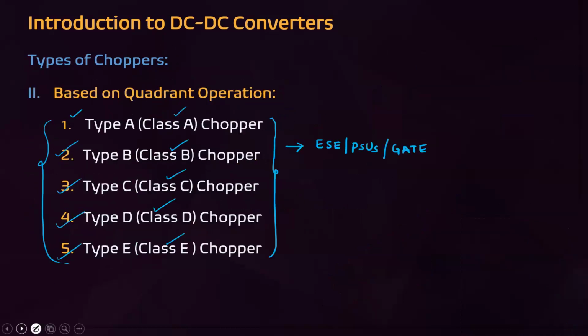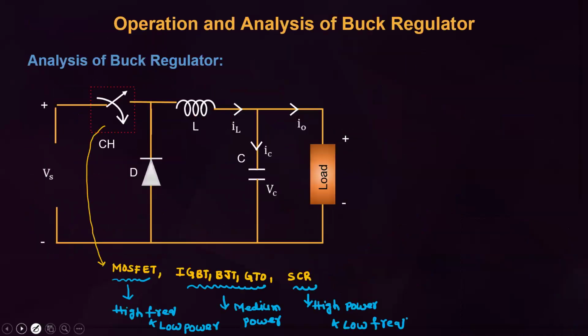Okay. Here, the switch may be any device. Based on the application, we have to use different types of switches. If you use MOSFET, IGBT, GTO, BJT, these are self-commutated switches. No need of any external commutation circuit. Why? All these are fully controlled devices. We can turn on and turn off by the gate itself.